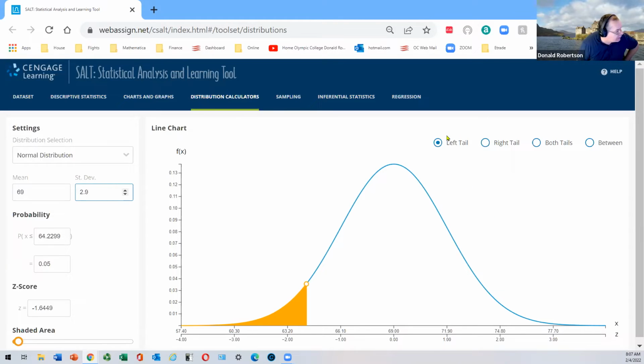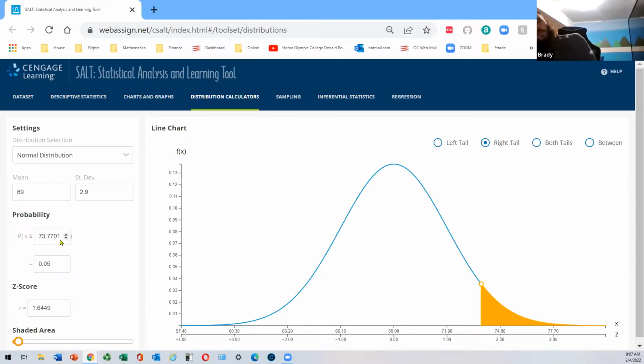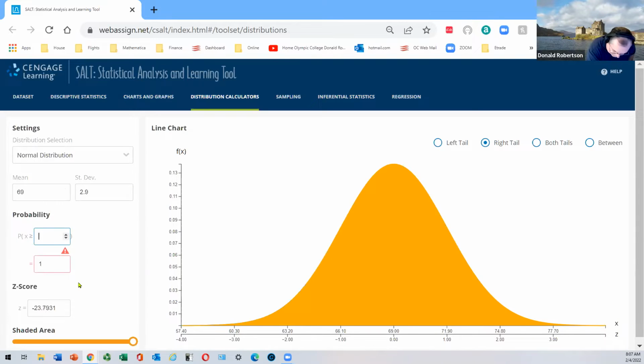If you want to find greater than, left-tailed or right-tailed or between, which one do you use? Right-tailed. Yeah, you're right. And what number do I want to find them greater than? I want to find greater than 66. And the answer I get is about 85.